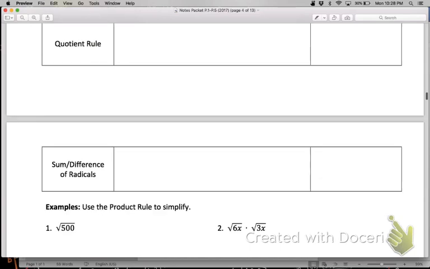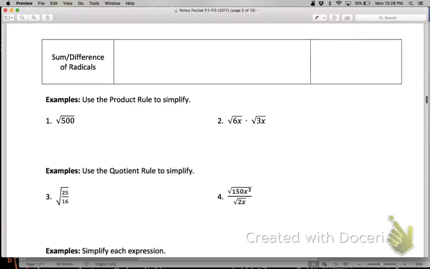The third property is the sum and difference of radicals, and that looks like this. So if I have like radicals, and that is the part that is really, really important here, you can only add or subtract like radicals.